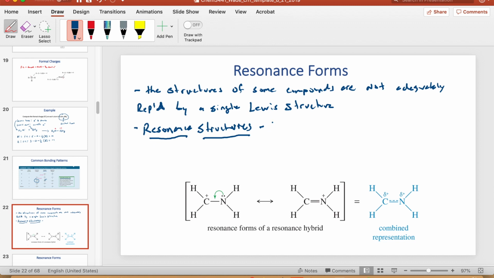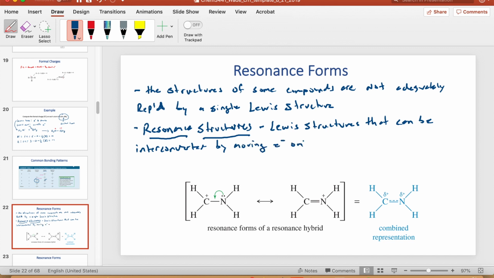A better definition would be these are, in fact, Lewis structures that can be interconverted by moving electrons only. And in particular, the electrons are either going to be non-bonding electrons or pi electrons, right? So no sigma bonds.